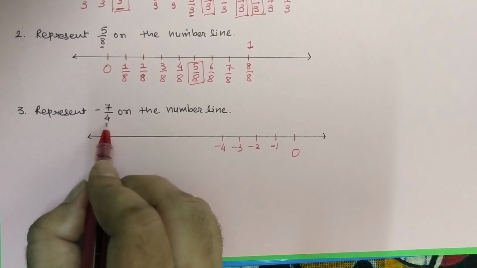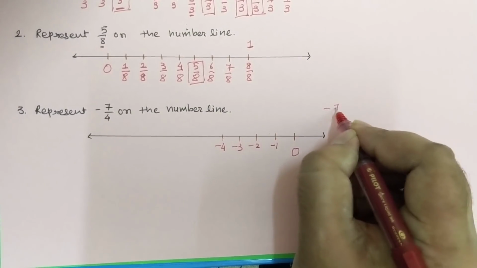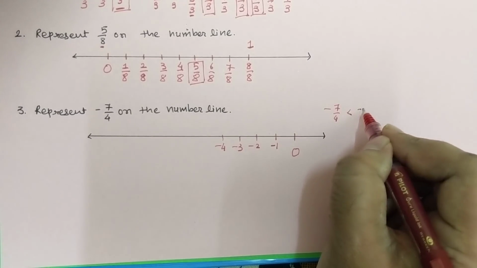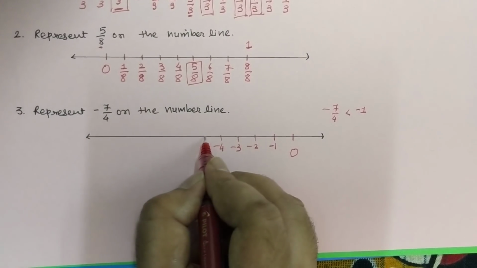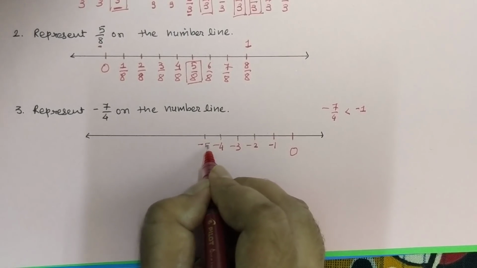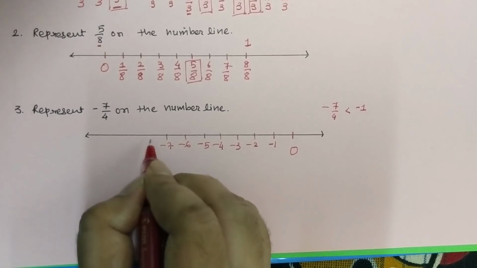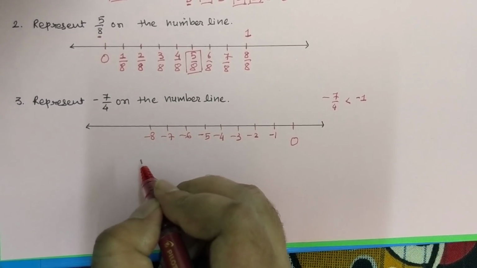Here in the denominator there is 4, and 7 by 4, that we know, minus 7 by 4, right, which is less than the minus 1. So we will go further. Okay, then minus 5, minus 6, minus 7, minus 8, right?